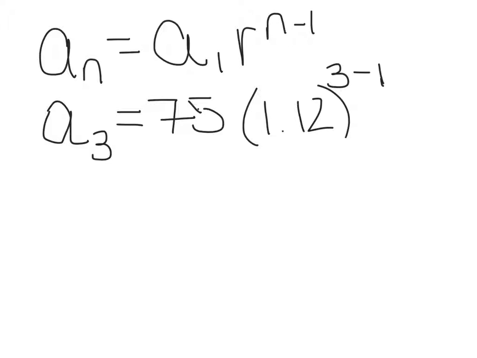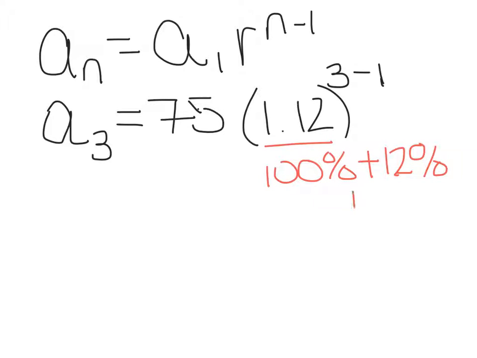The temperature is increasing by 12%, so you're keeping 100% of your original temperature plus 12% additional temperature. So this is really 112%, and 112% as a decimal is 1.12.